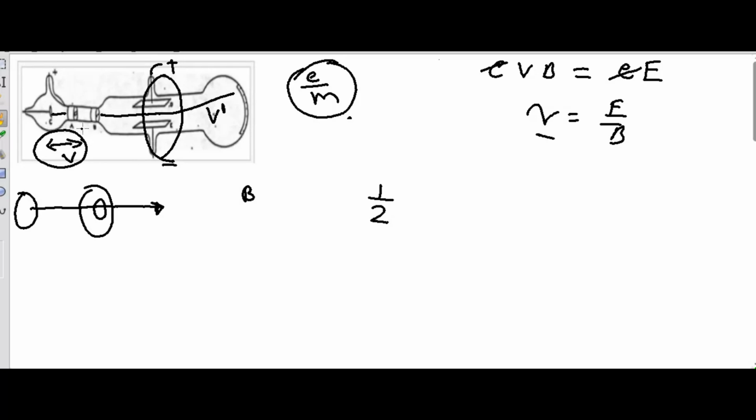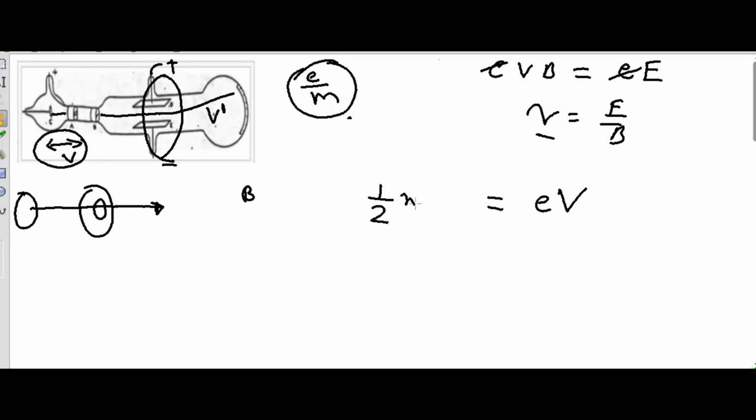When an electron leaves from here to here, it is attracted by the electric field. The work done by the electric field is equal to eV, since potential is the work done per unit charge. So the total work done on the electron, which is eV, is converted into the kinetic energy of the electron.